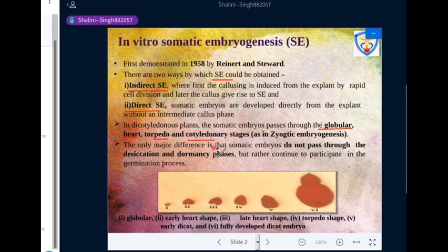The only major difference is that somatic embryos do not pass through the desiccation and dormancy phases as the zygotic embryo does, but rather continue to participate in the germination process. This is a globular embryo, this is early heart shape, this is late heart shape, this is torpedo shape, this is early dicot, and this is the fully developed dicot embryo stage.